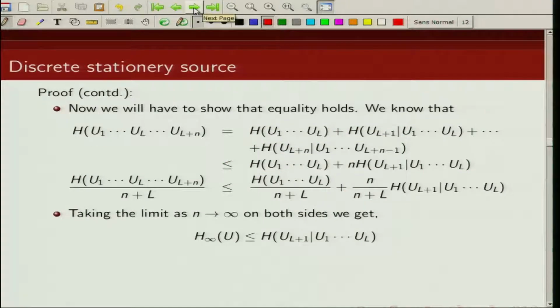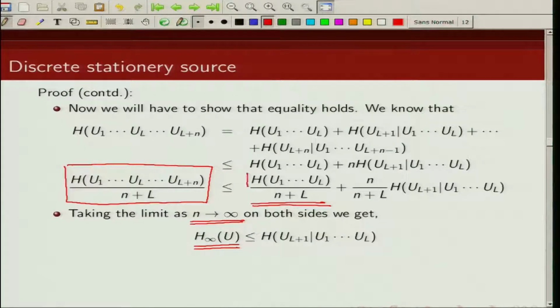Now we play a small trick. Instead of letting L go to infinity, we let n go to infinity. So if we let n go to infinity, what do we get? What is this term? If n goes to infinity, this is nothing but the entropy rate. Correct? What about this term? Now look at the numerator.